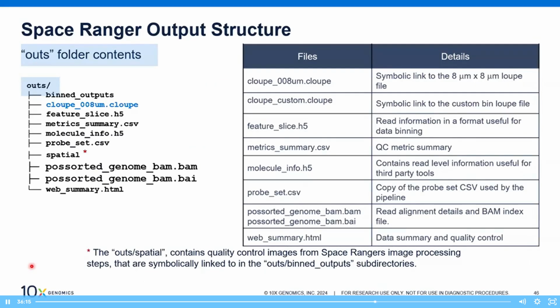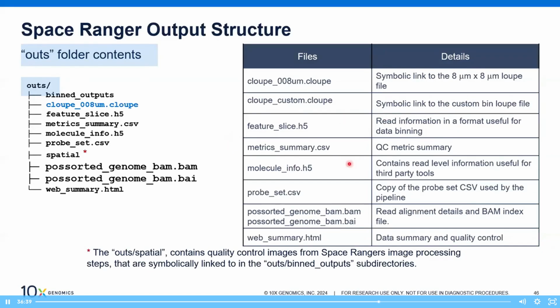And this is what that output structure that I mentioned looks like. So you will have Loupe files for putting into the Loupe Browser. You always get the 8x8. You can also get a custom one if you have chosen to do so. You will get an H5 file format if you want to do your own data binning.